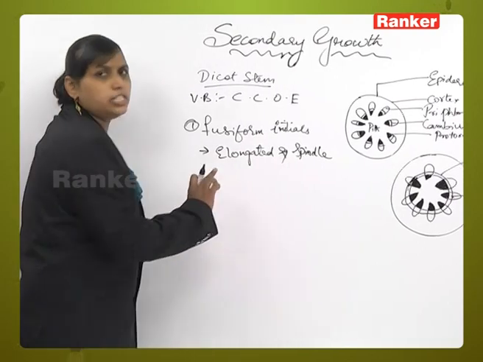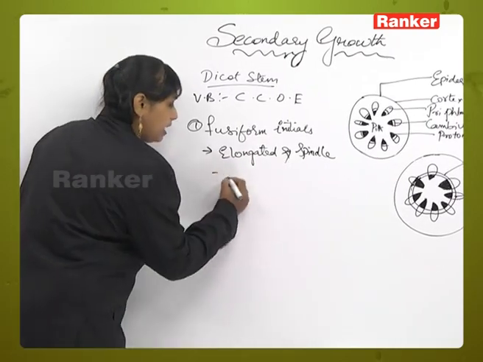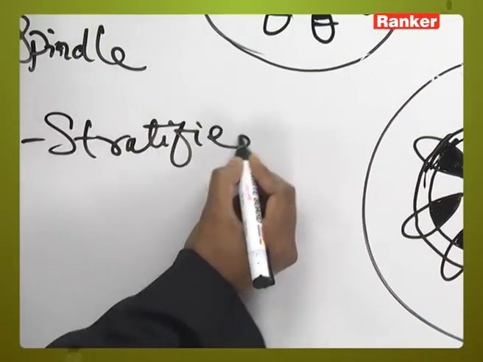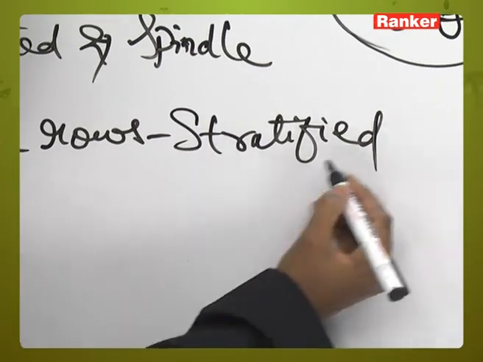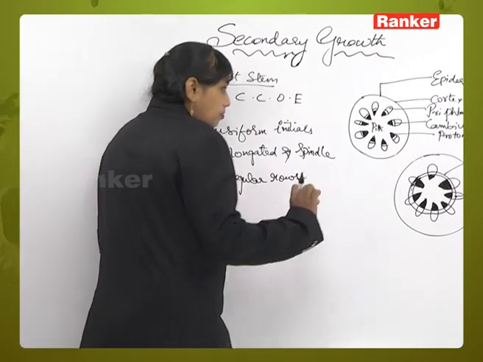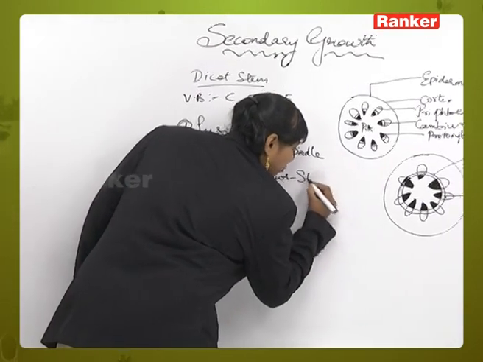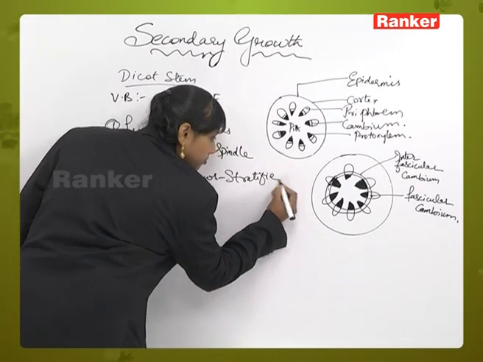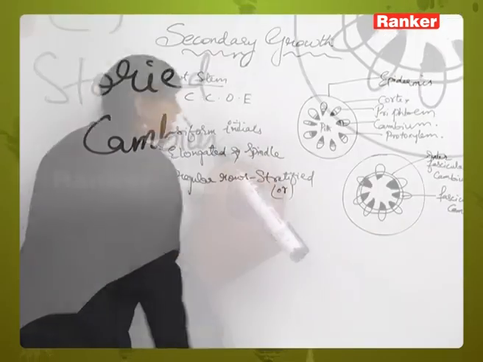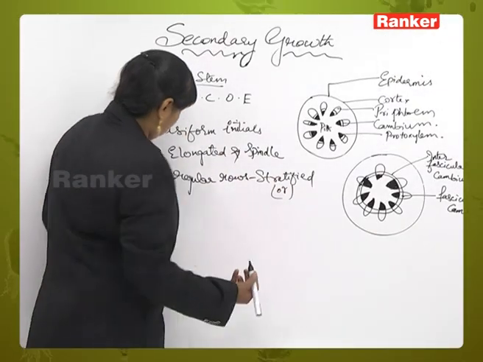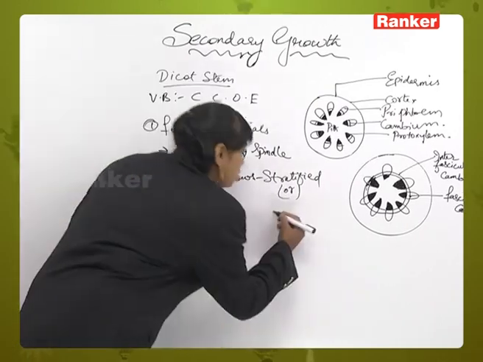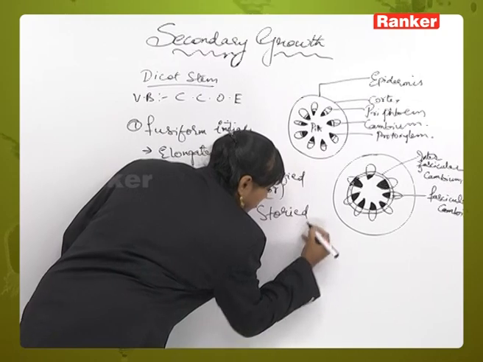These fusiform initials may be arranged in regular rows in some cells. Then this type of fusiform initials which are arranged in regular rows are called stratified cambium. If the fusiform initials are arranged in regular rows, it is also called stratified or storied cambium.